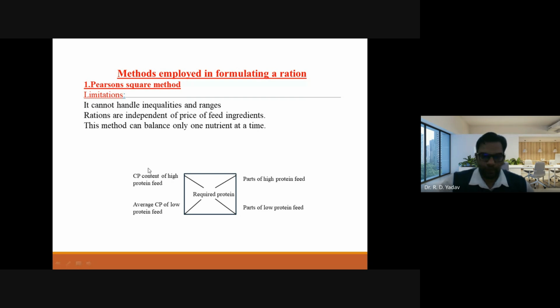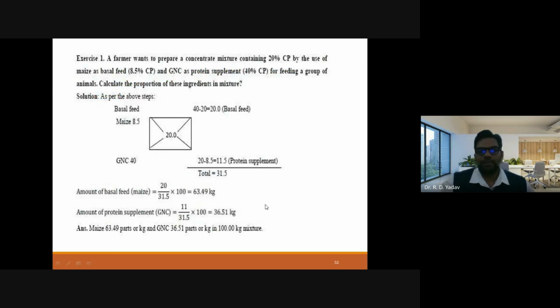If there are a number of ingredients, we take the average CP content of the low protein and of the high protein ones. Take an example: a farmer wants to prepare a concentrate mixture containing 20% CP using maize, which has a CP content of 8.5%, and GNC with protein of 40%. So we put low protein maize here and high protein GNC here.